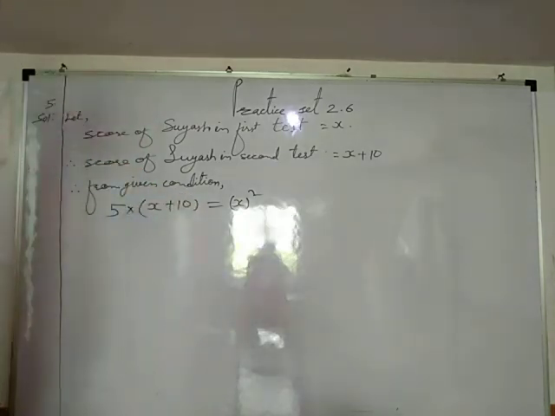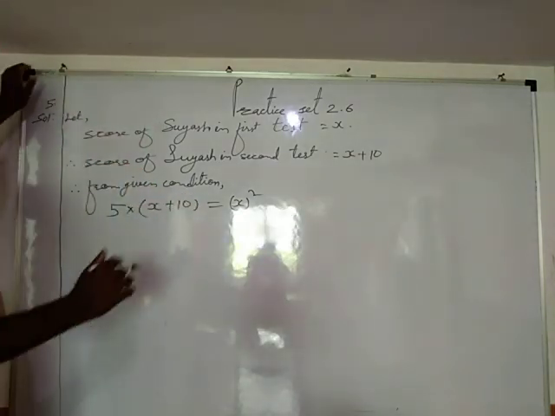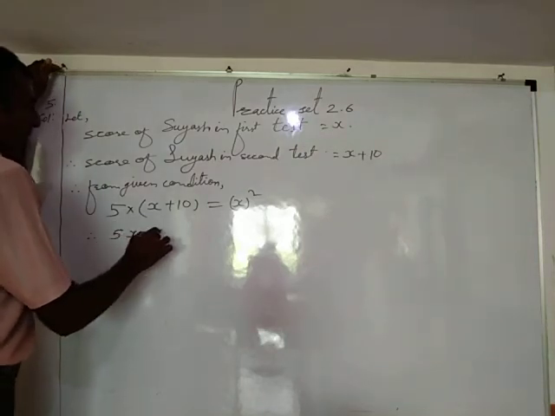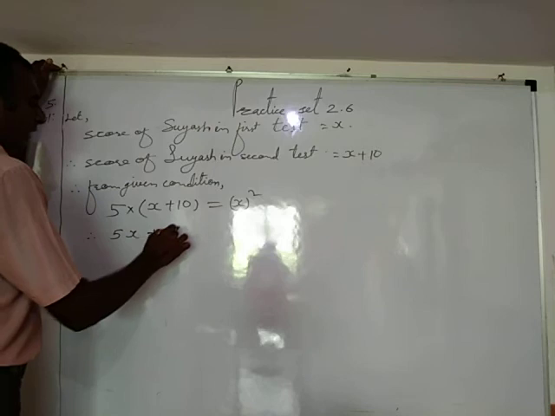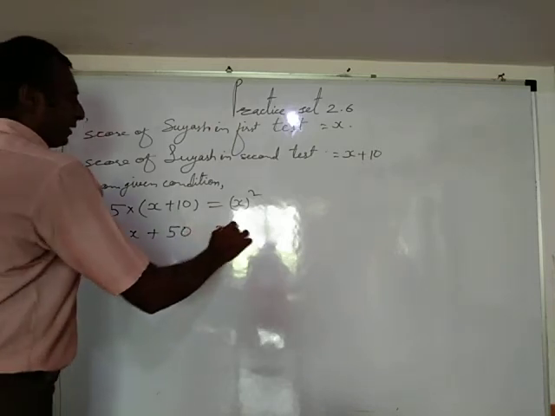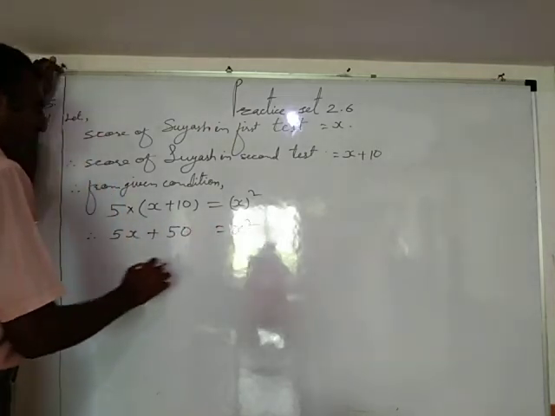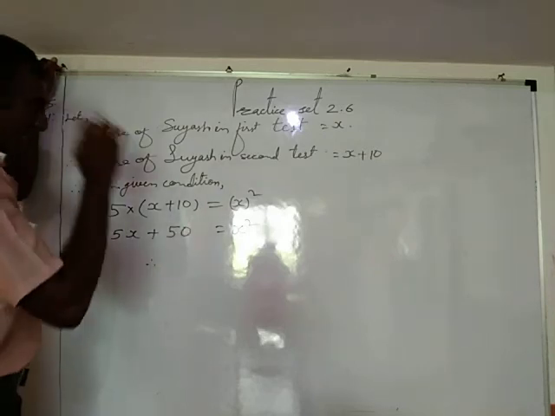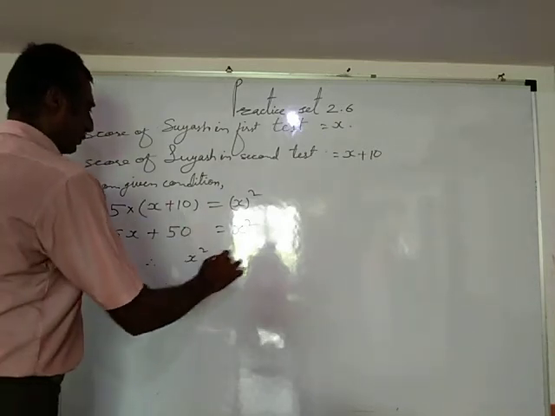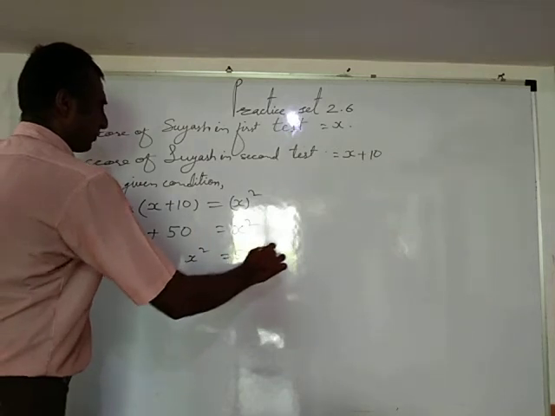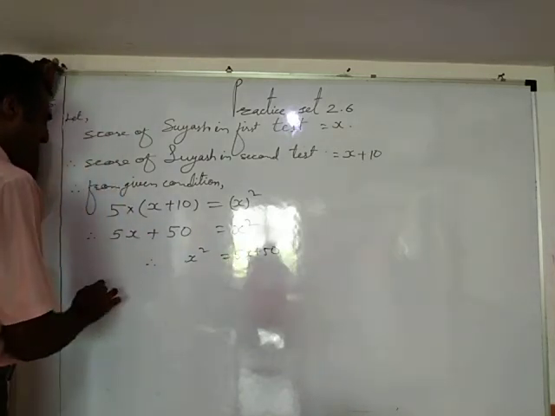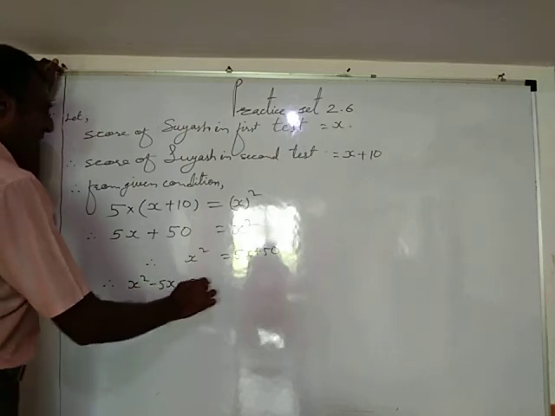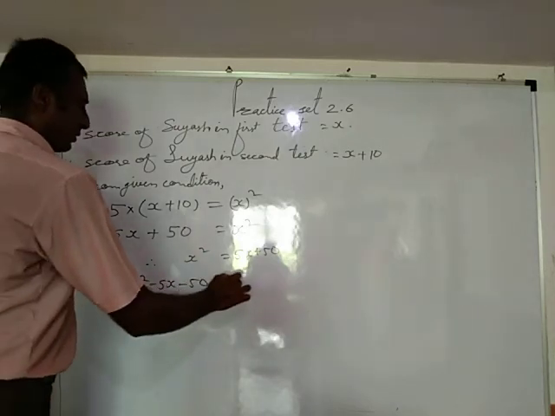Okay, now let's simplify this equation. Therefore it will be 5 into x gives us 5x plus 5 into 10 gives us plus 50 equals x square, and therefore let's exchange LHS and RHS, which gives us x square equals 5x plus 50, and therefore x square minus 5x minus 50 equal to 0.